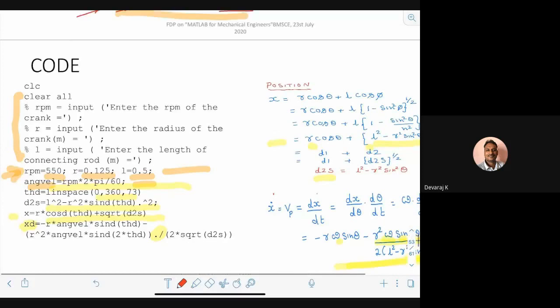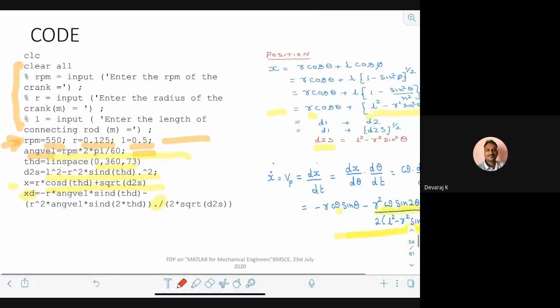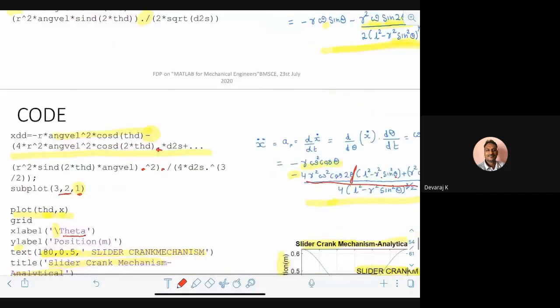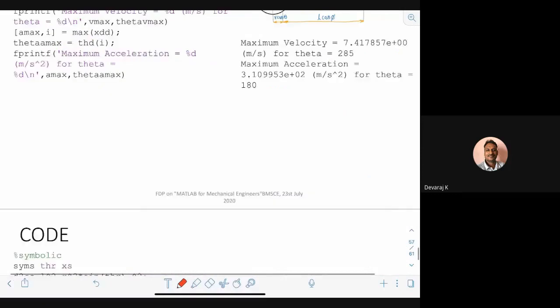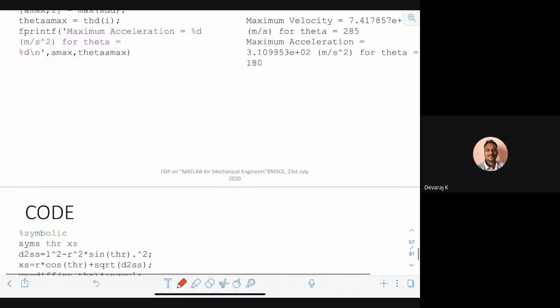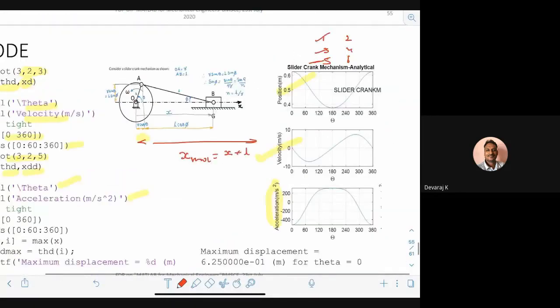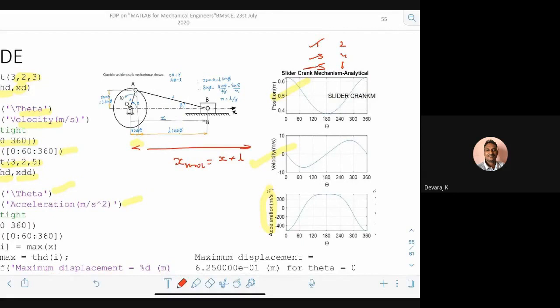Okay, you have taken R plus L, sorry, 0.125 and 0.5. So it is 0.625. Therefore, at the outset, you should notice that in the position graph here, it is 0.625. I guess at least you have done it correctly.